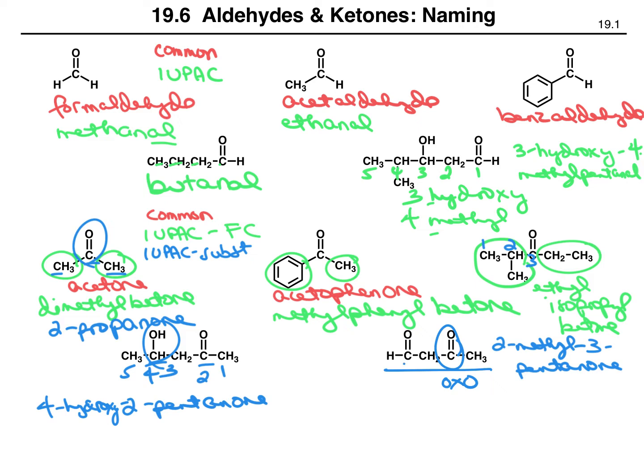So we have 1, 2, 3, 4. This is butanal. And at position 3, we have an oxo. So this is 3-oxobutanal. So ketones have priority over alcohols, alkenes, alkyl branches, but aldehydes have priority over ketones. There are rules for all of these priorities, and I want you to be familiar with some of these priorities, and you can use the book as a reference when we get into more complex molecules.